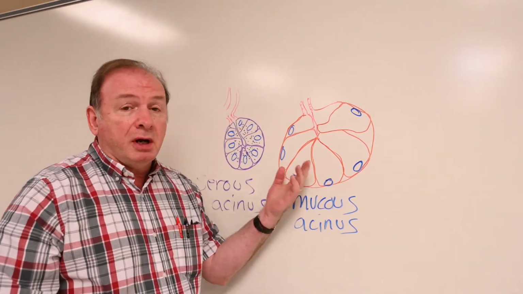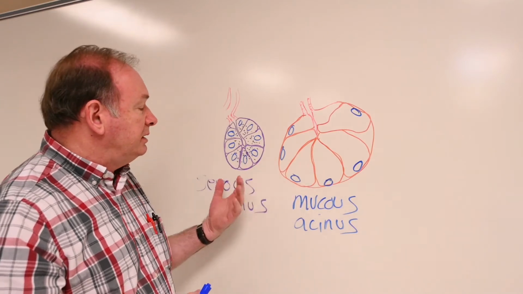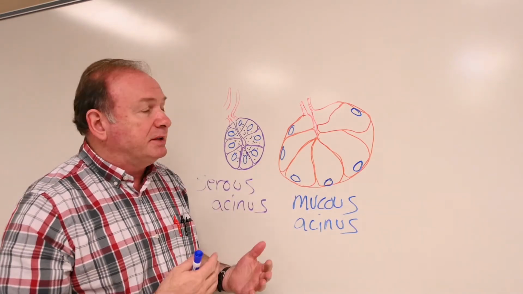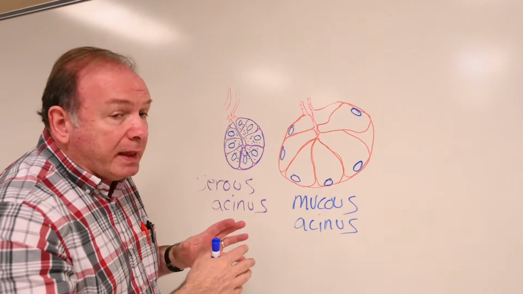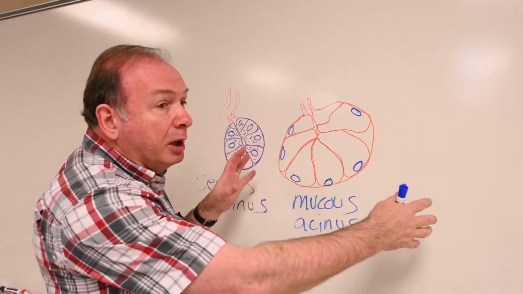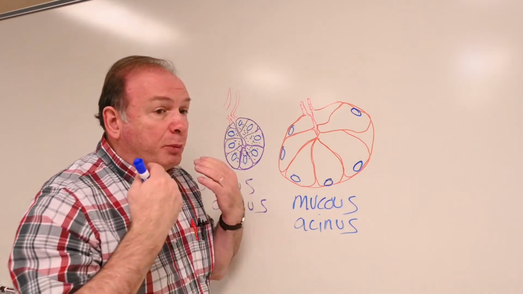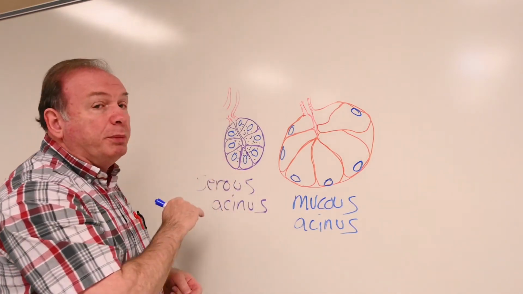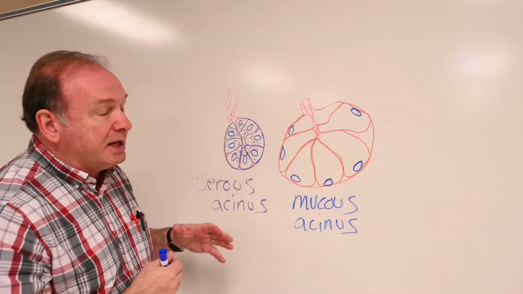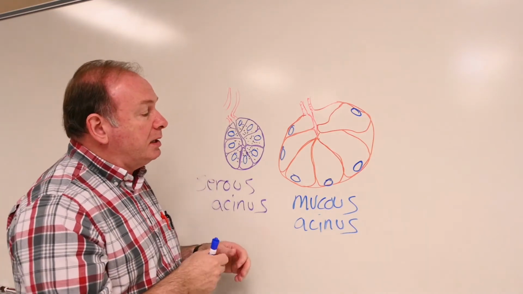So in most of our tongue slides where we see mucous and serous types of salivary glands, they will be separated. So you'll have one clump here that's all mucous, another clump that's all serous. In your parotid gland, everything will be serous. They're all serous acini in your parotid glands.